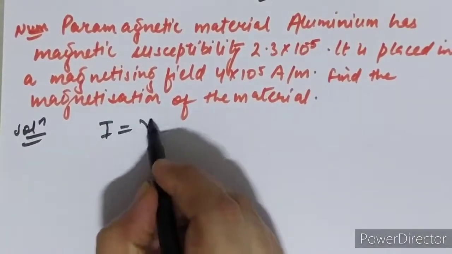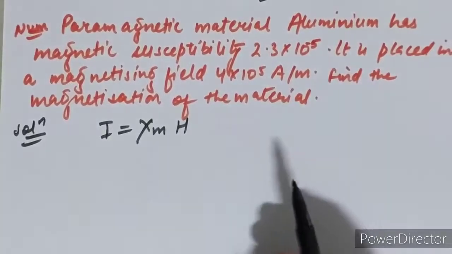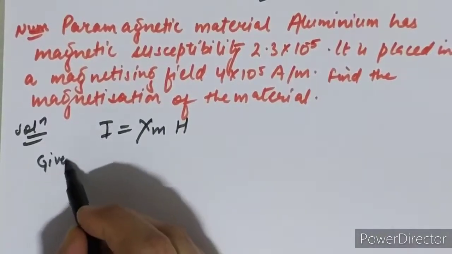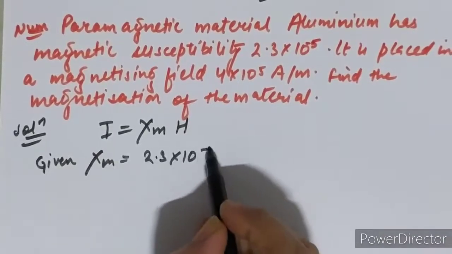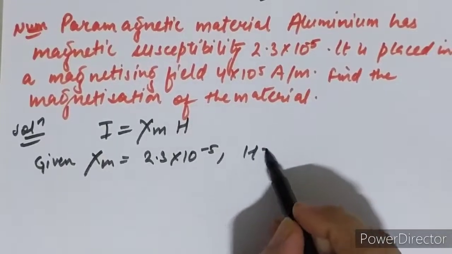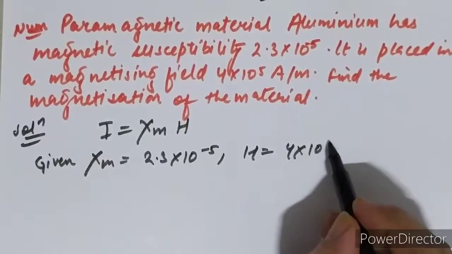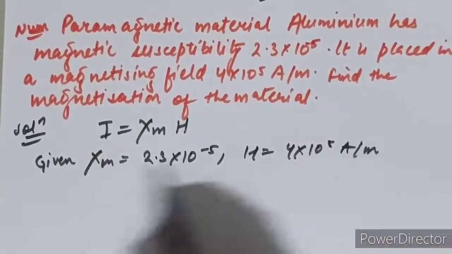I is equal to chi m into H. That's it. The given values are chi m equal to 2.3 into 10 to the power minus 5 and H equal to 4 into 10 to the power 5 ampere per meter.